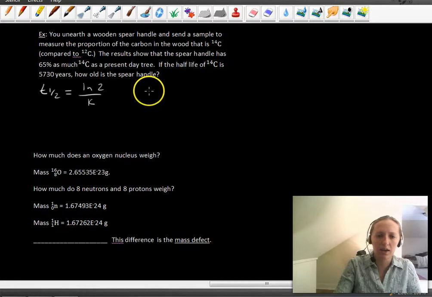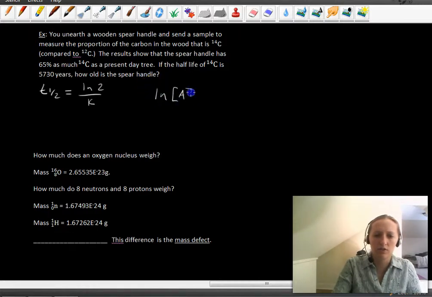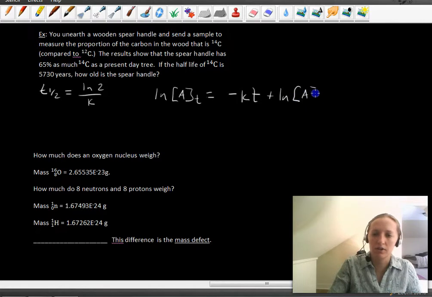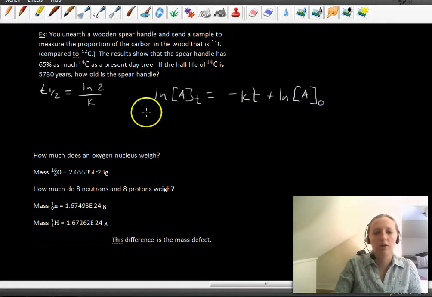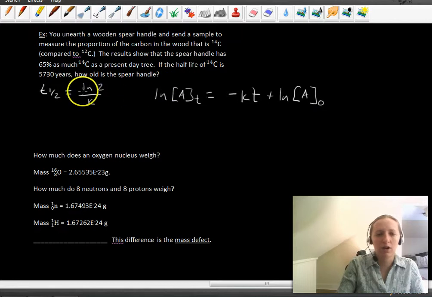Your other formula is ln of the concentration of A at time t, which means the time that you're interested in, is equal to negative k, your rate constant, times your current time, plus the ln of your concentration of A at time 0.